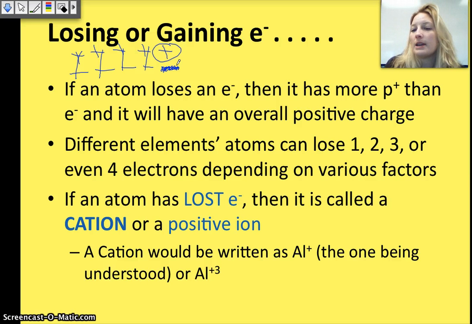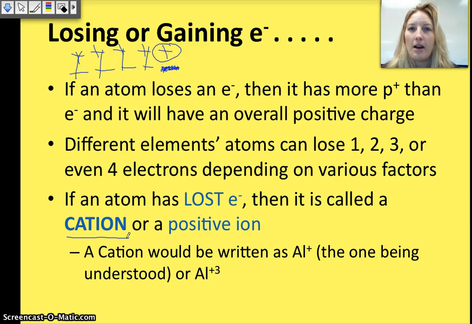Now when we're thinking about atoms losing electrons and they become positive, they're called cations. So one way I like to think about this is people that tend to have lots of cats. I've heard Miss Lindauer has lots of cats. So if you were to ask her what she thinks about them, she'd probably have a very positive view.